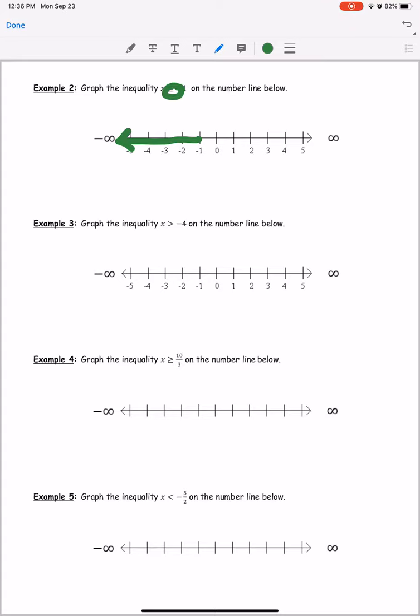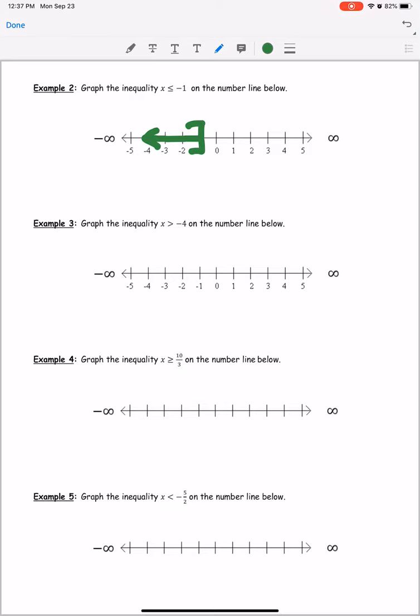And because this one has a line under it, now this one gets a hard bracket. Now, notice that my line is going all the way to the end of that number line. That would be the same as if you stopped it right here. Because I have an arrow at the end of it, it means that it's going to keep going forever in that direction.